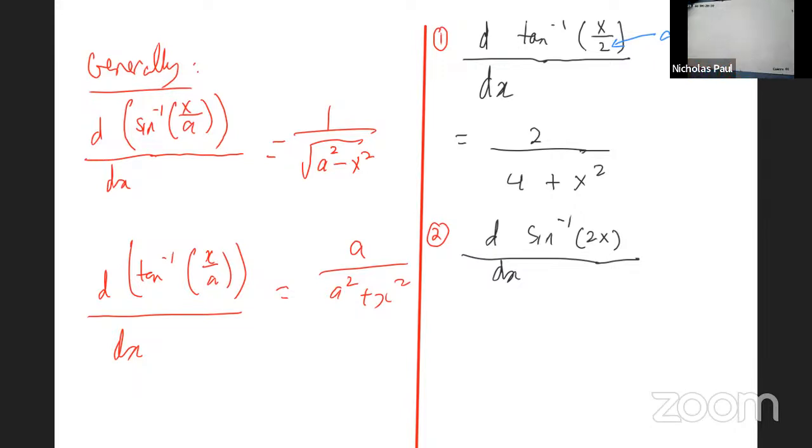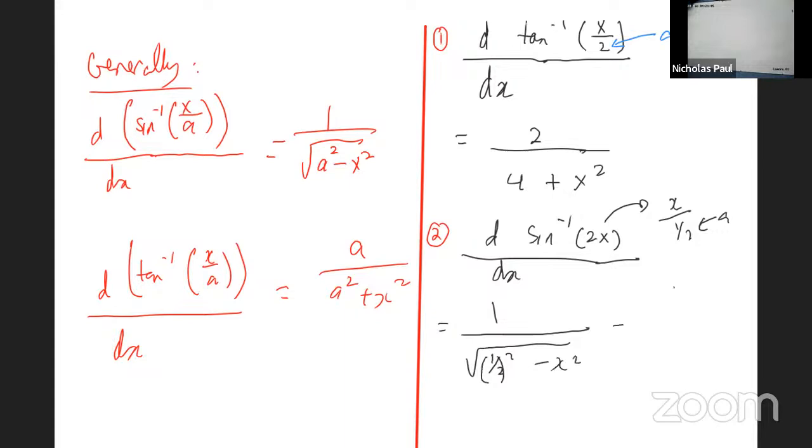Right, so as I said, you have to simplify. You can't just leave it like that. You'd recognize that this could be written as x over half. So it means that a is a half. So the form will be 1 over the square root of a half squared minus x squared, but you can't leave it like that.